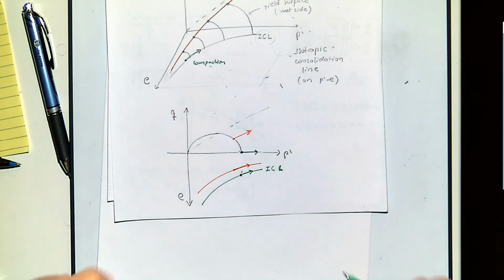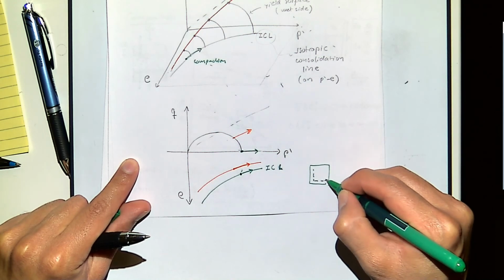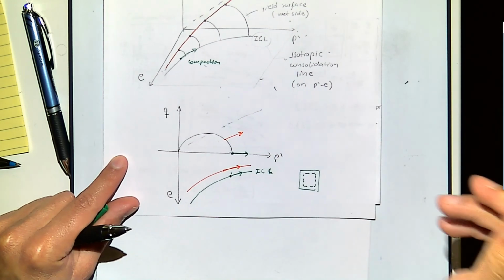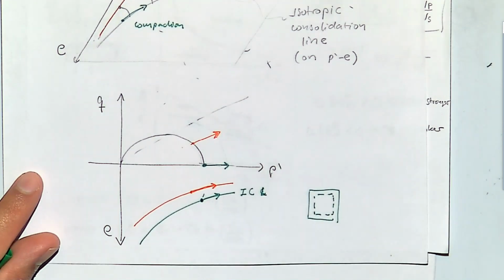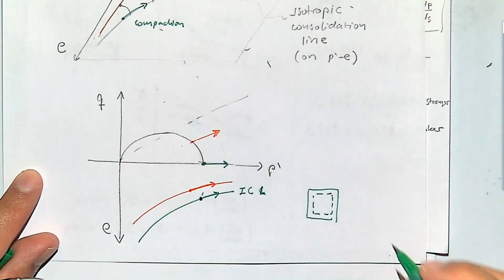And again, an isotropic stress path involves change of strain, which is the same in all directions.